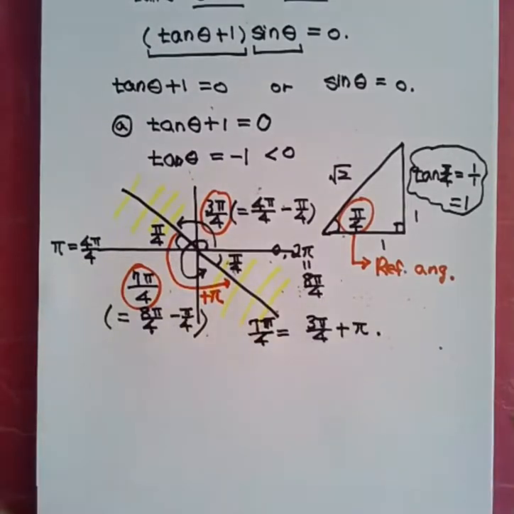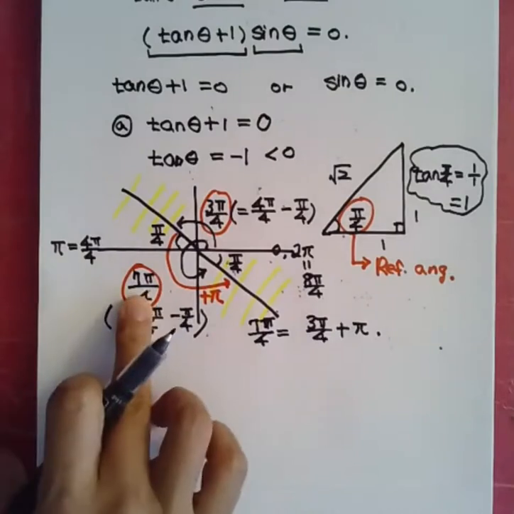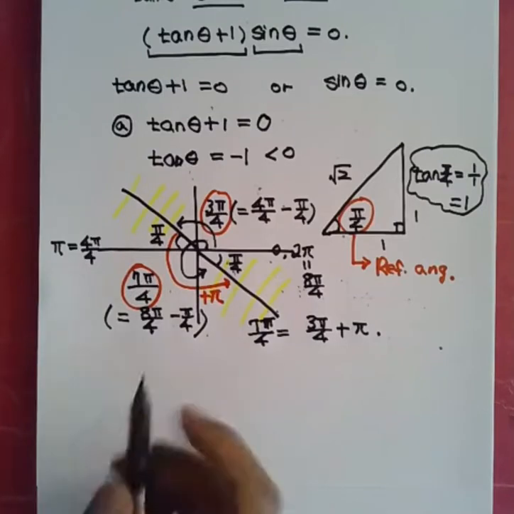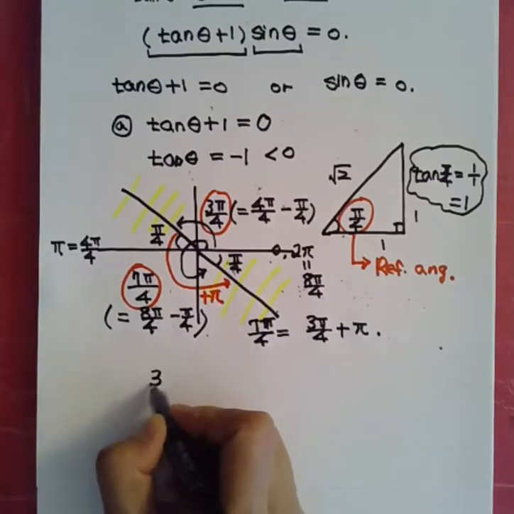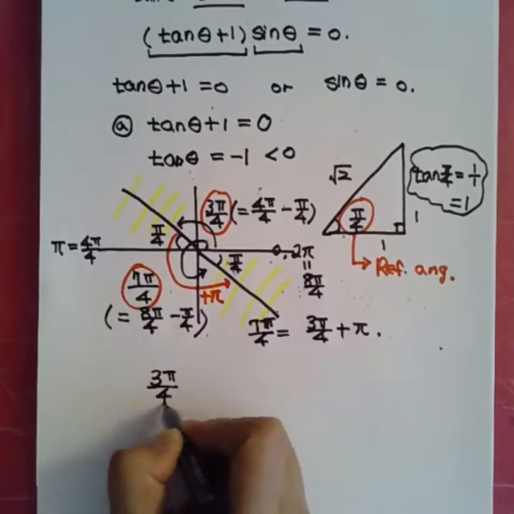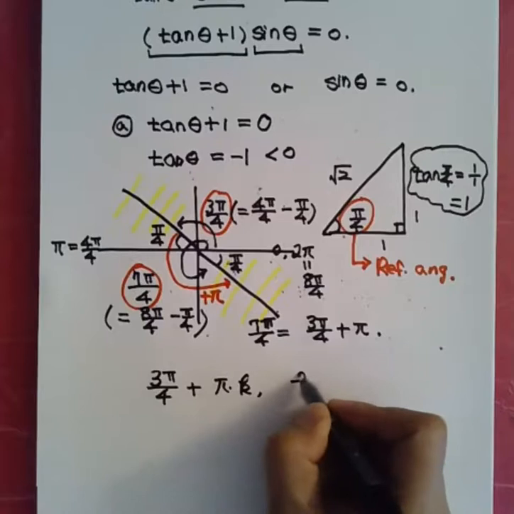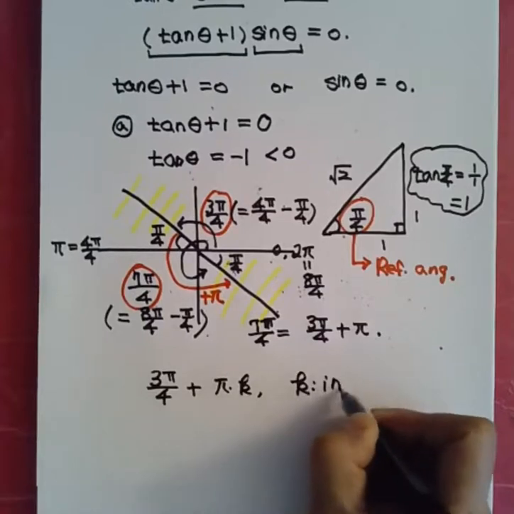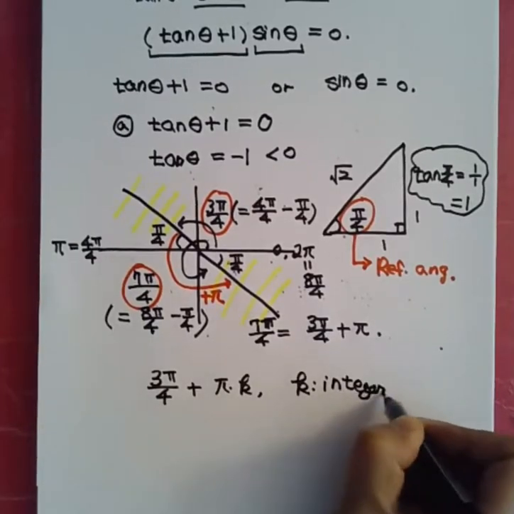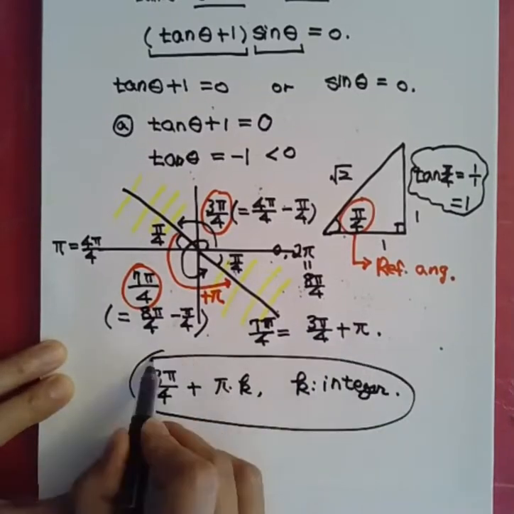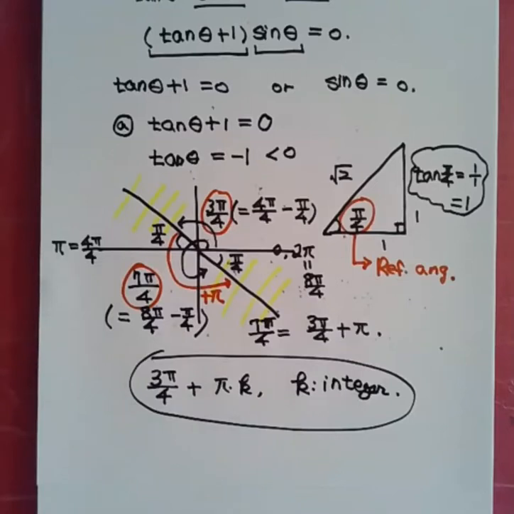So instead of writing down two answers with coterminal angle expression plus 2 pi k, we will write 3 pi over 4 plus pi times k. That is the solution for the first one.